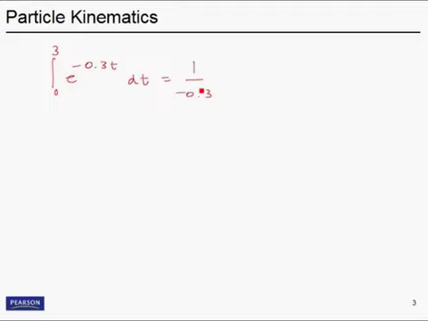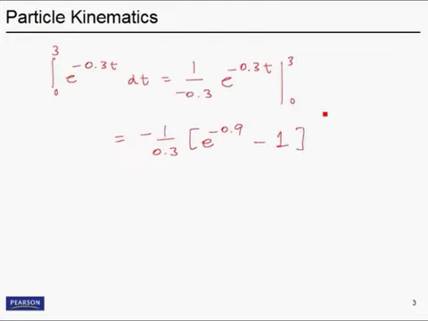And so this then becomes minus 1 over 0.3 times e to the minus 0.9, that's 0.3 times t with t equal to 3, and then from that we're just going to subtract 1, and let me remind you that that 1 is really just e to the 0.